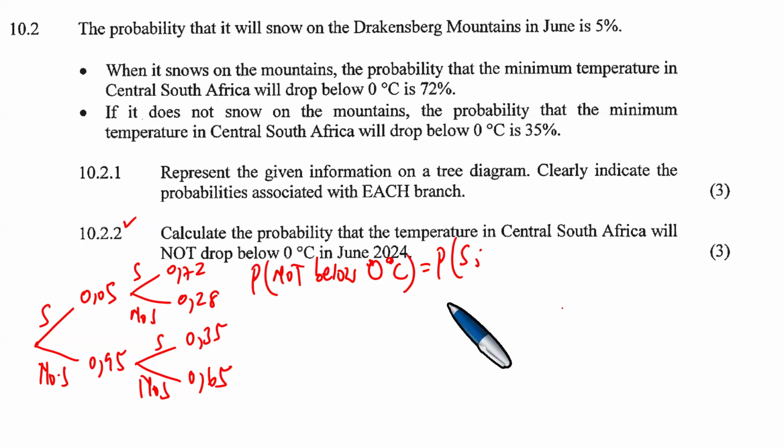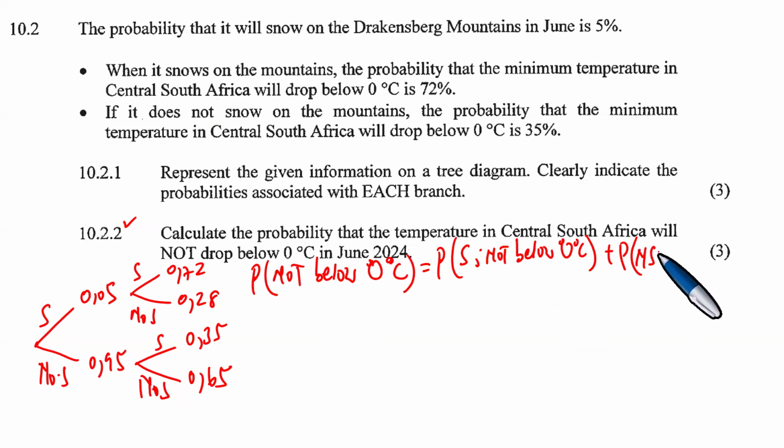So the probability of snow and not below 0 degrees Celsius, plus the probability of no snow and not below 0. So we were looking at the fact that in two cases, it can snow and you might have that temperature that's not below 0 degrees.